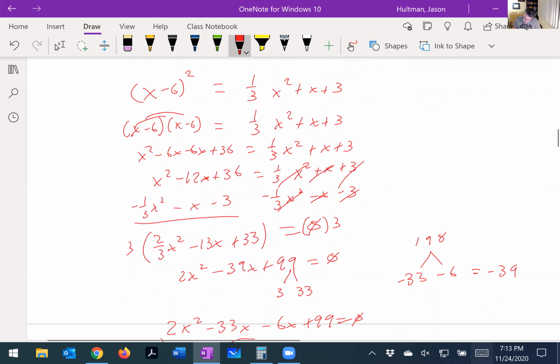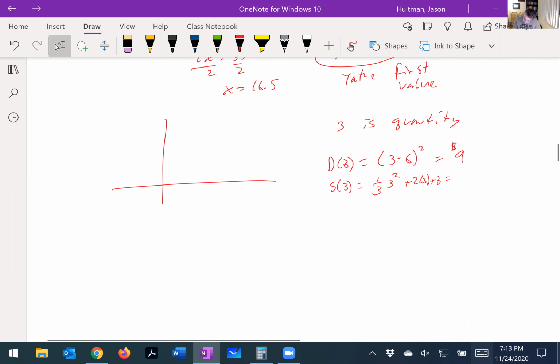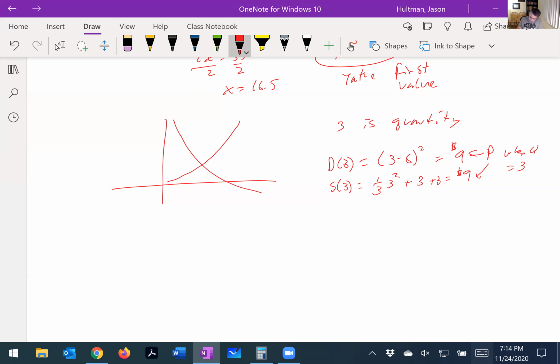It was 1/3 x squared plus x plus 3. So this is going to be 3 plus 3 plus 3, which is 9. So yes, it checks. The price per item, P, is 9 when Q equals 3. So that's my break-even point for these two curves.